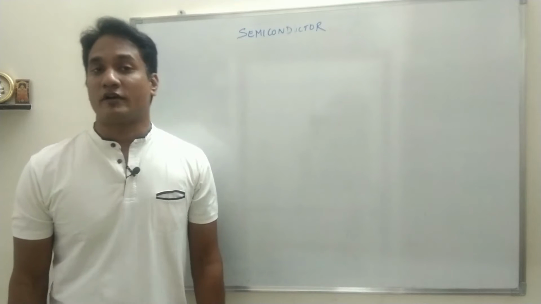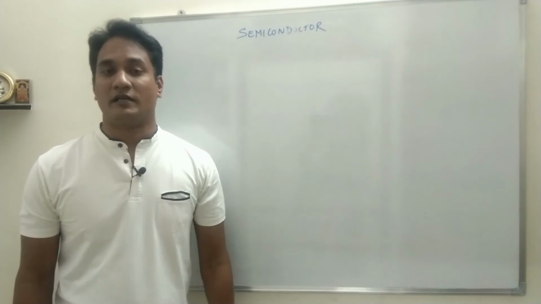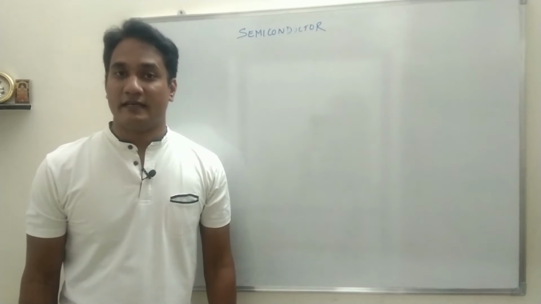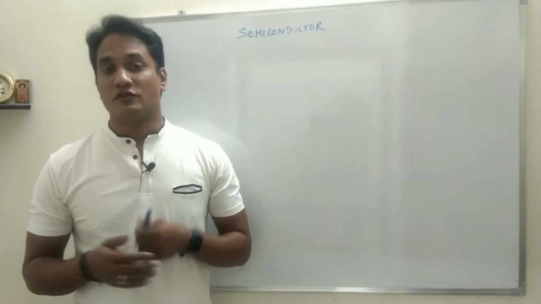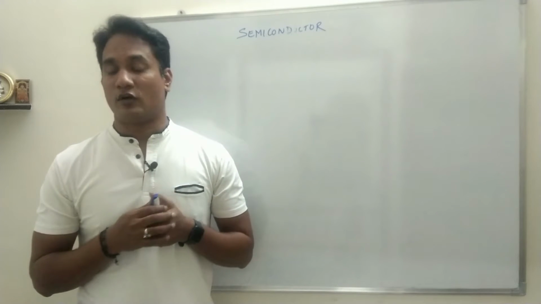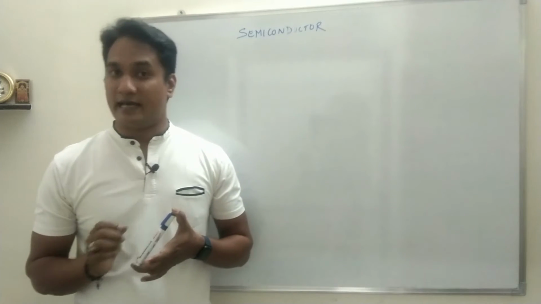It is very important that you understand this topic so that we can classify materials on the basis of the energy band diagram. That will come in future videos, but for that we should understand what exactly we mean by energy level diagram and energy band diagram.